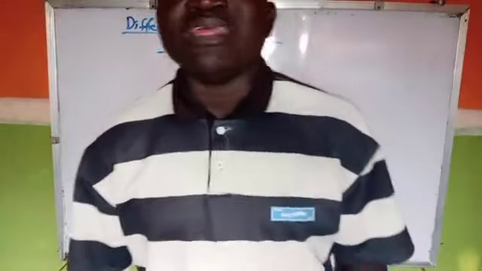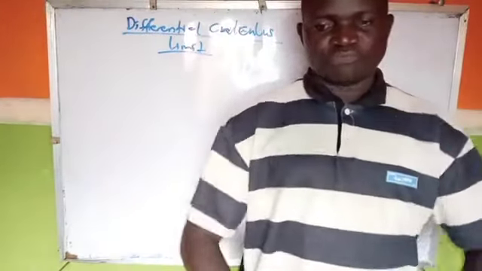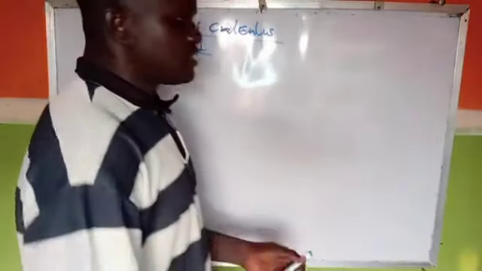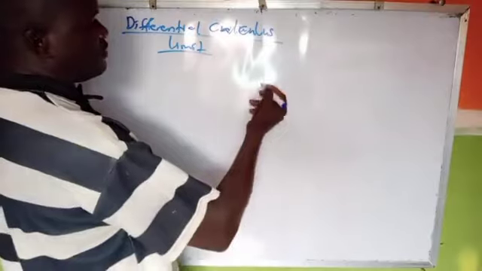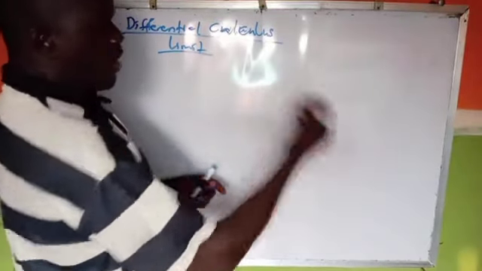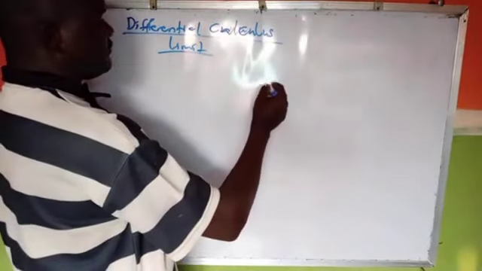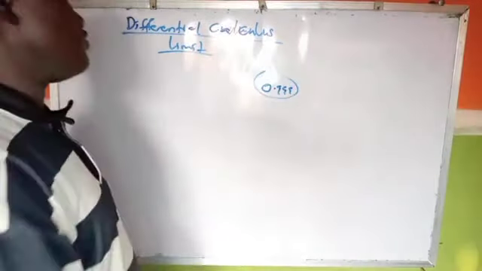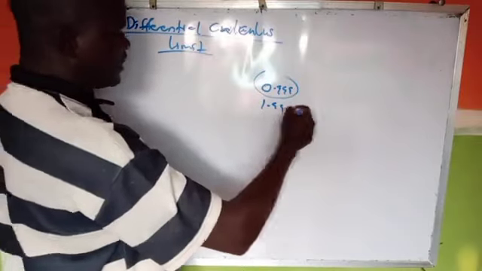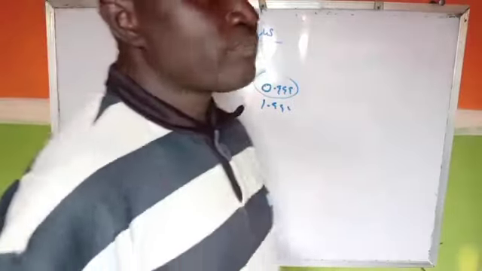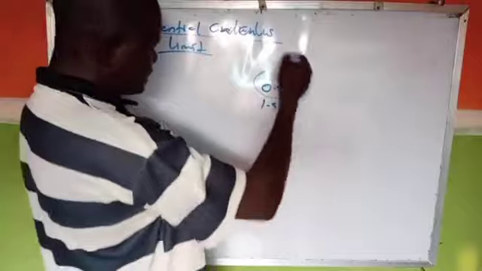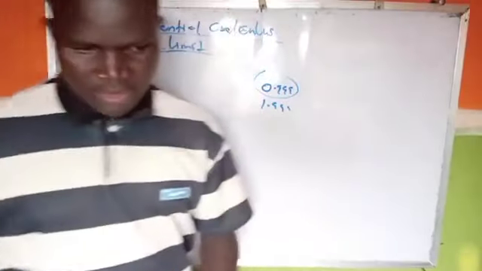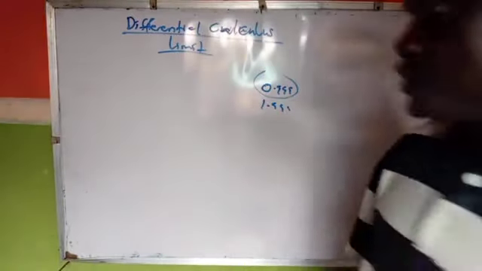Limit simply means you limit a value to a certain number, as a number approaches 1, 2, 3, 4, 5. So you simply limit it so that the number approaches a particular one.